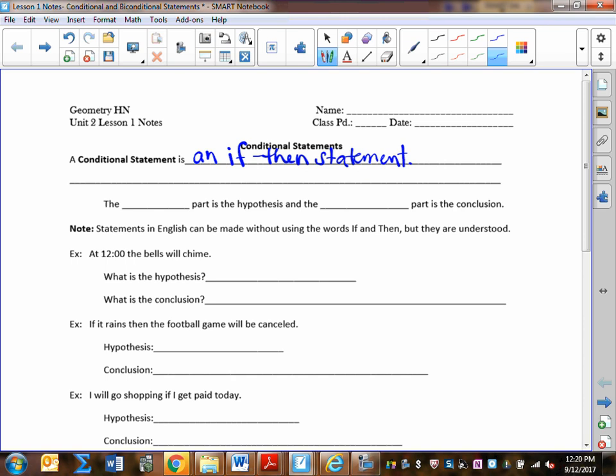Now we've got certain notation we can use for our if-then statements. A conditional statement, the if-then statement, has a hypothesis and a conclusion.